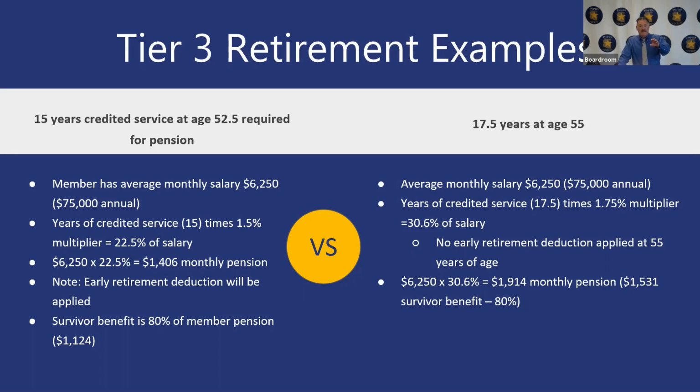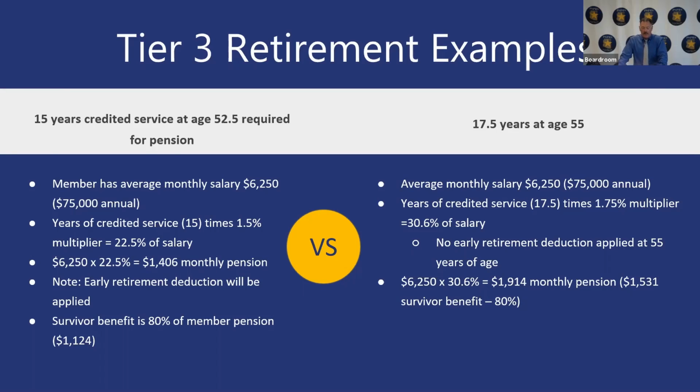So at that 15-year benchmark, it starts off at 1.5% per year, and then gradually you'll see those multipliers increasing. We get to that 25-year benchmark, and that multiplier is going to be 2.5% per year. So again, 2.5% times 32 is going to equal that 80%.